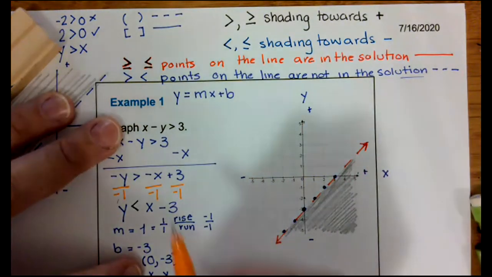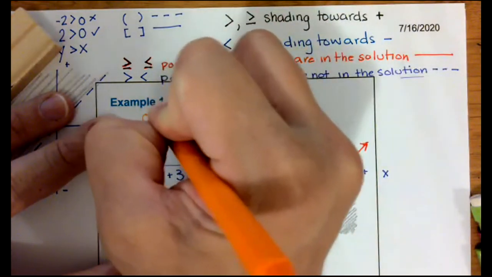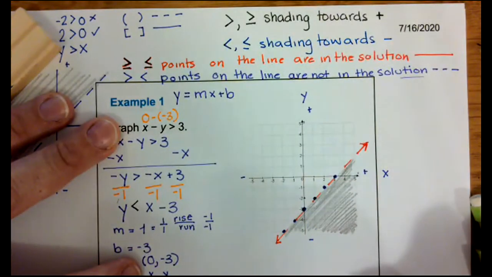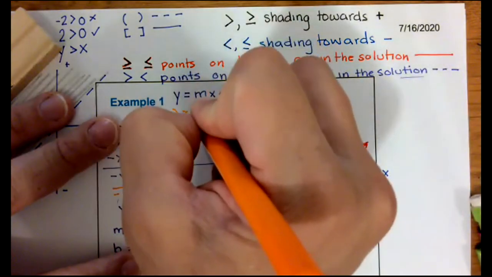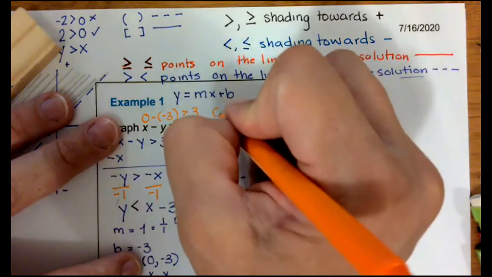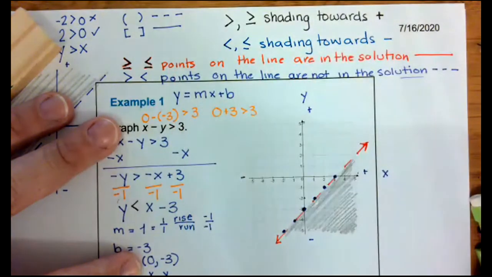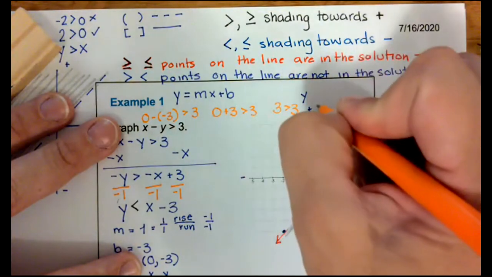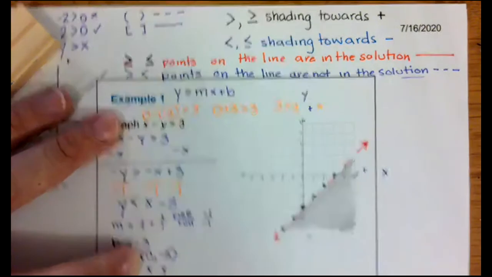Let's put 0 as our x and -3 as our y, just to test this point and see if the line is part of the solution set. Is it greater than 3? 0 plus 3 is greater than 3, which becomes 3 is greater than 3. No, right? So that point is not part of the solution set.